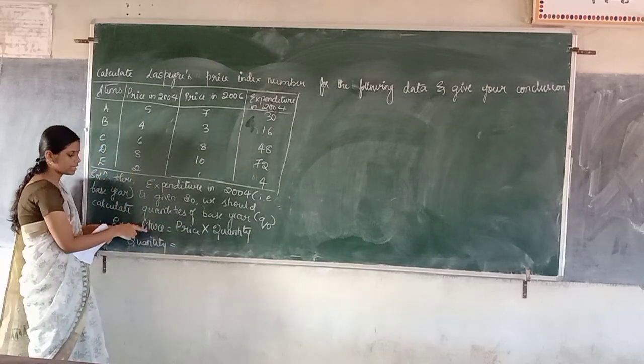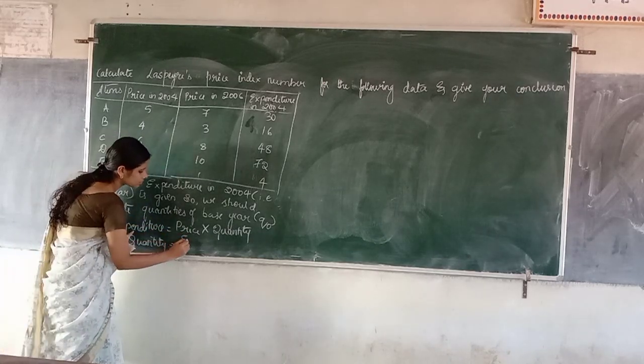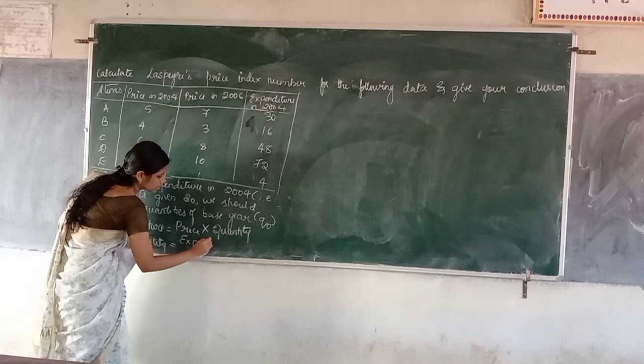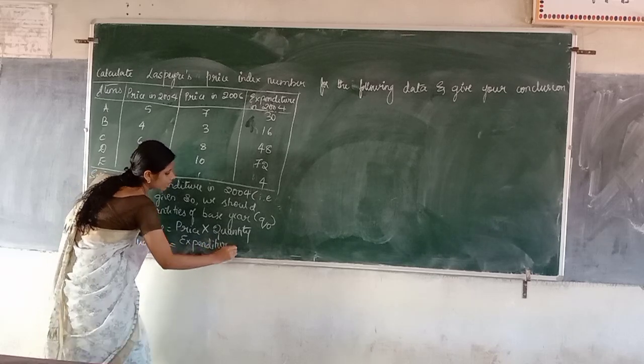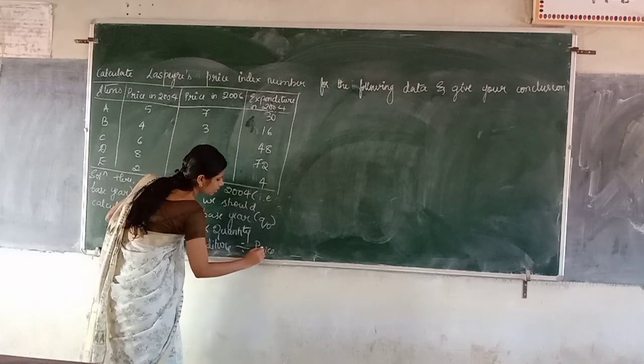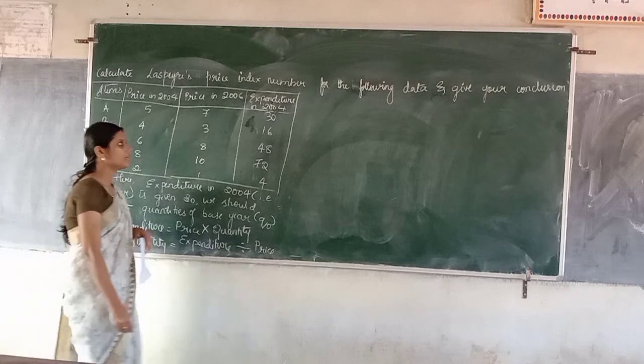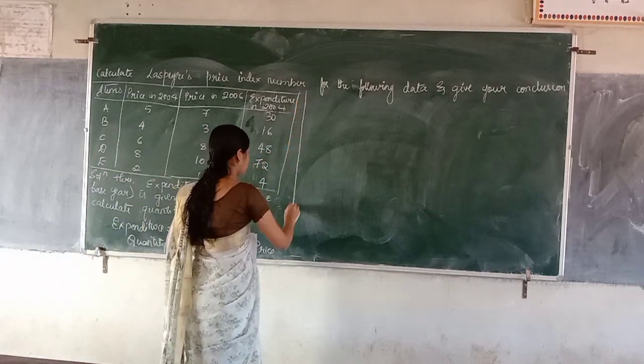When you carry this price to the other side, into will become divided by. So quantity is equal to expenditure divided by price. Now we can calculate the quantity of base year.